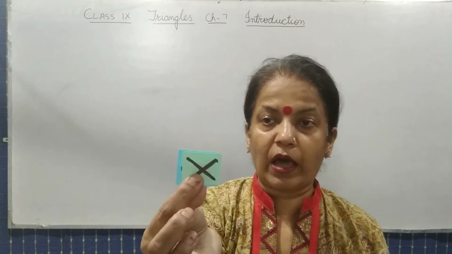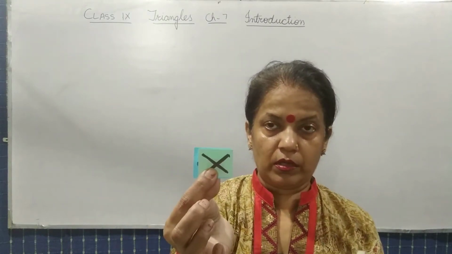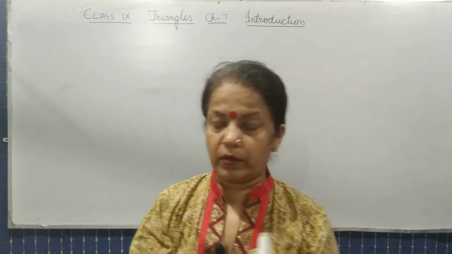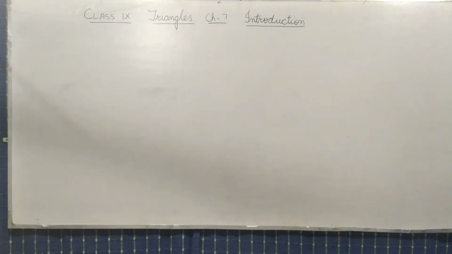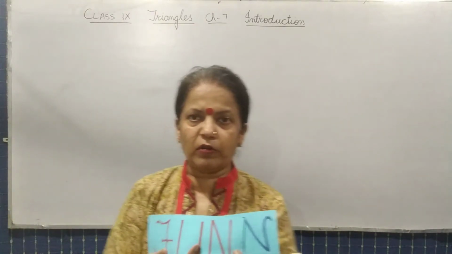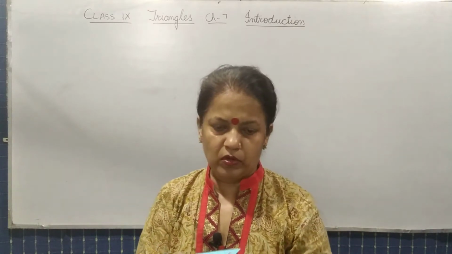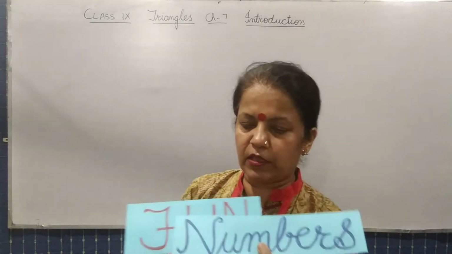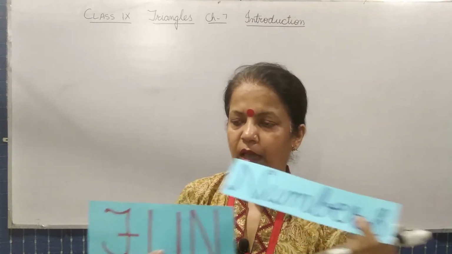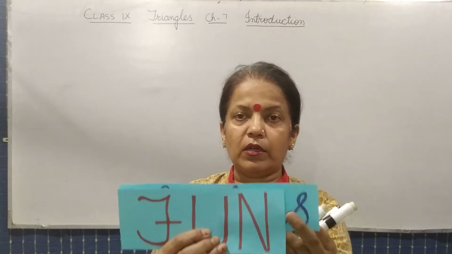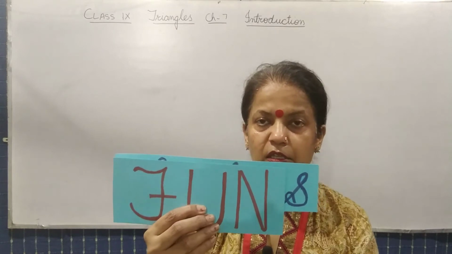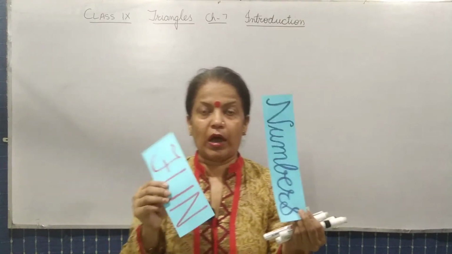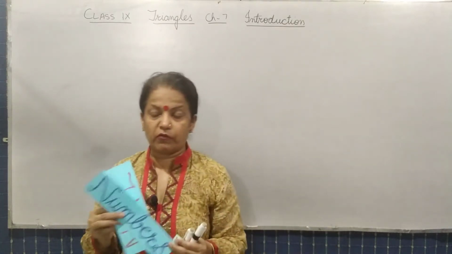So these are not congruent. And in the same way, take the example of these two. If I keep one like this and try to overlap the other one, it does not. So these two are also not congruent figures.